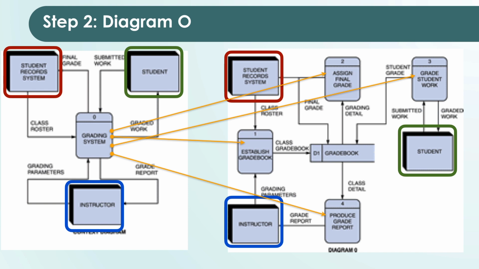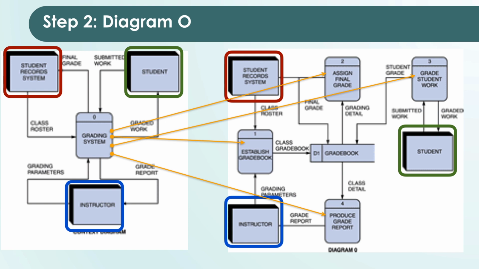The context diagram only has one process, that is the grading system, and it is numbered as 0. Now in diagram 0, the grading system process is expanded into particular and unique processes.